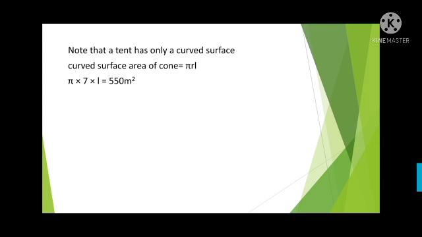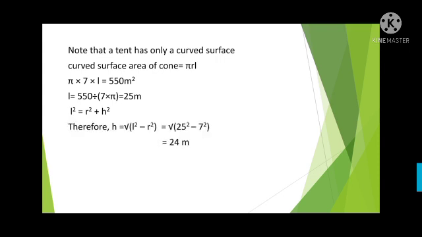So we substitute the values in the curved surface area of the cone, which is equal to pi r l. So we got 550 meters square. We got this relation, we used it and we found the height, because we had the slant height, we didn't have the real height. So we calculated the height and then substituted that height in the volume of the conical tent.